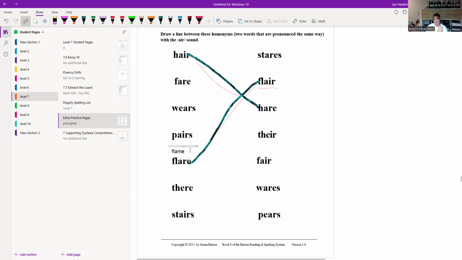And so you can see flare and flame. They have that same spelling pattern, kind of like their cousin words. They're similar. They're not exact. And then the other flair means like a knack. Like he had a flair for gymnastics or something like that. Okay. Pears and pairs means two, and pears means the fruit.